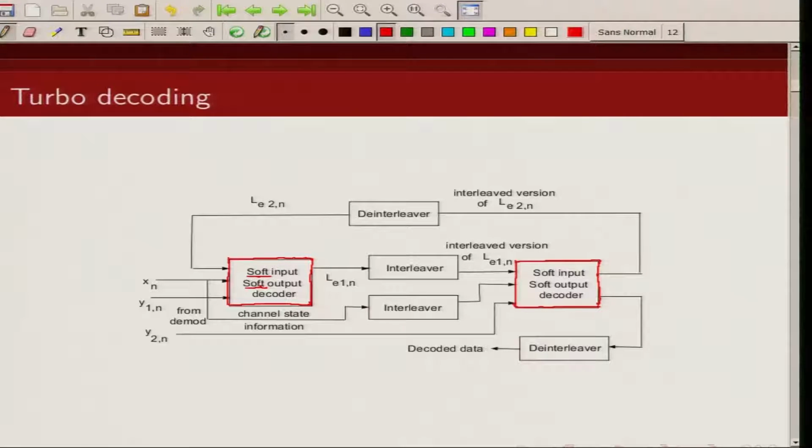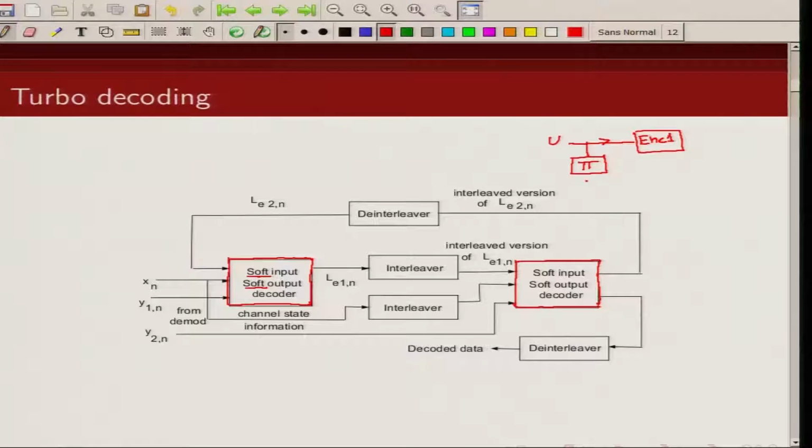If you look at this decoder structure, now recall our encoder diagram for a turbo code. What we had was one encoder, and this was an information sequence. Now this information sequence was permuted using an interleaver.